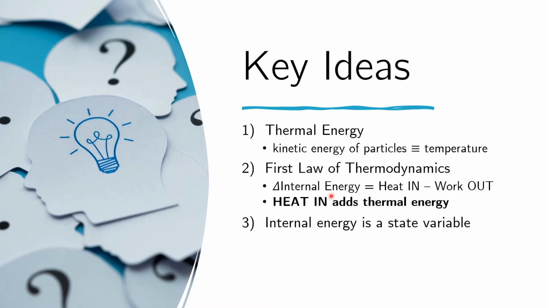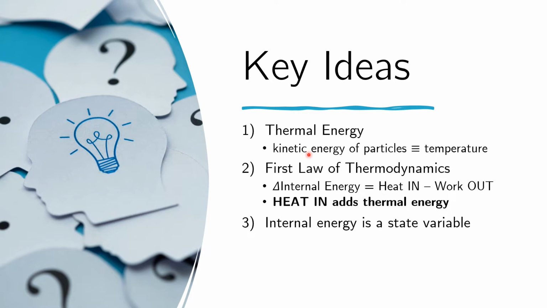And then we also recall that internal energy is a state variable. Internal energy is the sum of all the energies of the particles in the system. So it's in the micro scale. Each particle will have a kinetic energy and potential energy associated with it, like chemical potential energy, electrostatic potential energy.